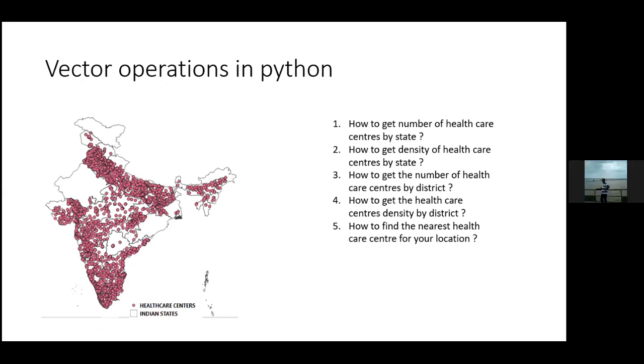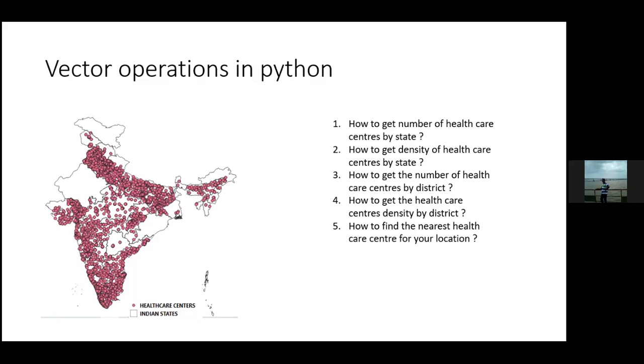And this is one more vector operation, that is the point shapefile operation. Here we have healthcare center information throughout India, and we can perform many tasks by using these two data sets, including the healthcare centers point shapefile. In fact, the healthcare centers information is in CSV format.